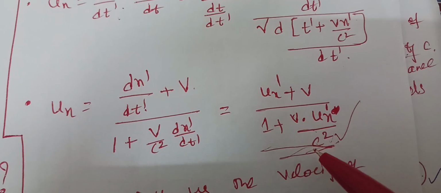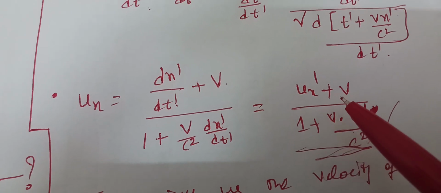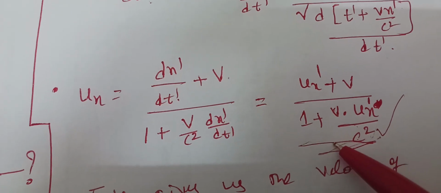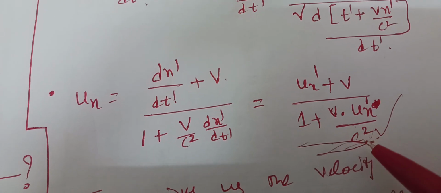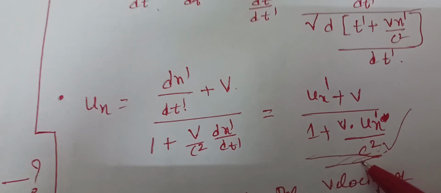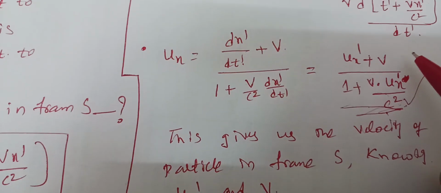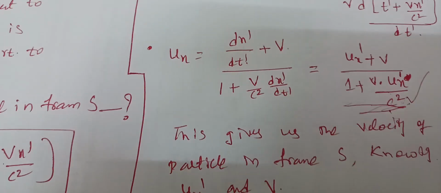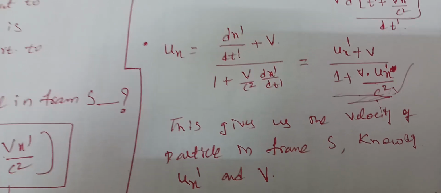In different cases we will use the velocity of approach or the velocity of the source, and depending on the case we can use ux equals (ux dash plus v) by (1 plus v ux dash by c square). This is also what we call the velocity of a particle in frame S.